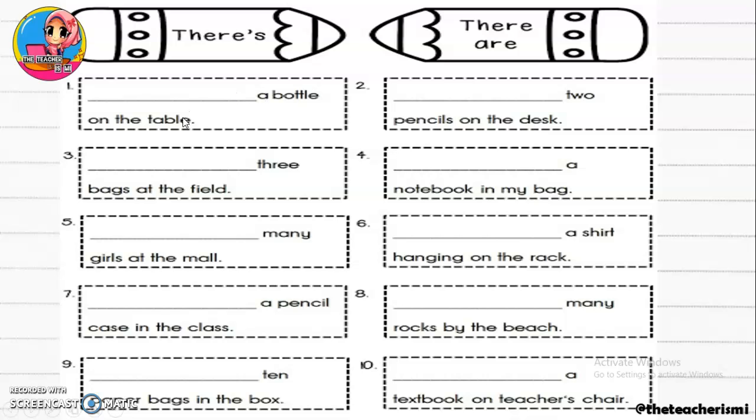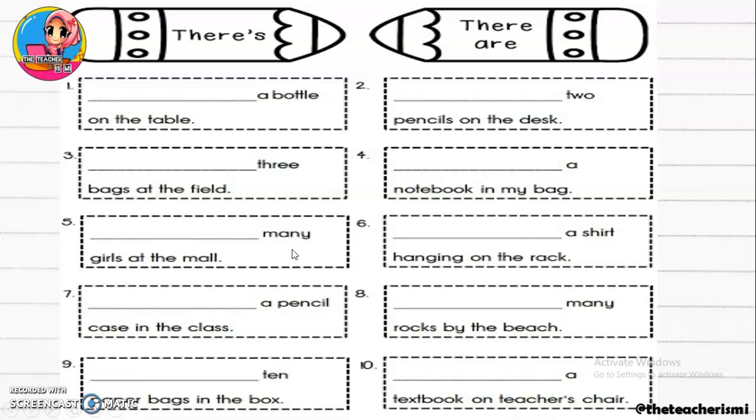Okay. Kalau table ni macam kat meja teacher. Okay, dia besar. Number three, three bags at the field. Bag, tahu bag kan? Bag yang bawa pergi sekolah tu. At the field, field ni padang. Number four, a notebook in my bag. Notebook ni buku nota dalam bag saya.